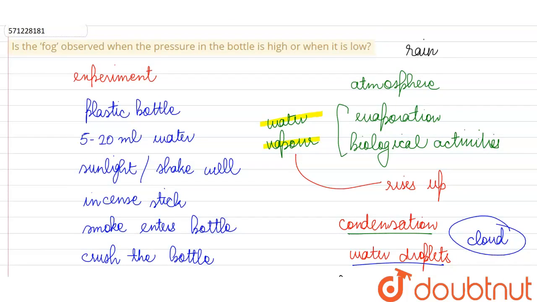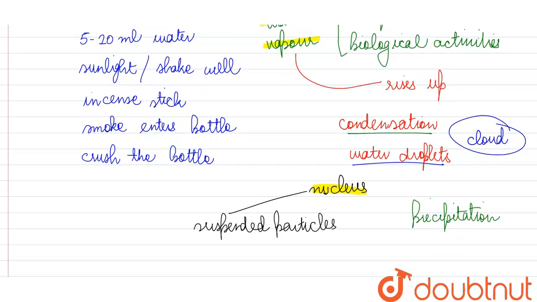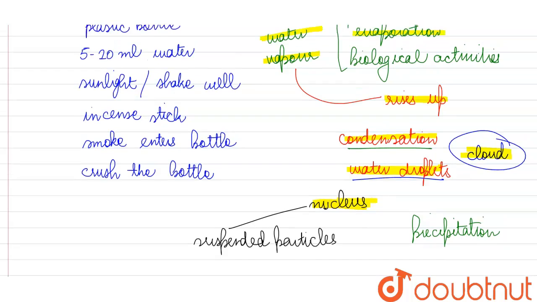A lot of water vapors enters our atmosphere due to evaporating water. When it enters the atmosphere, it rises up with the hot air, and once it rises up, due to cooling down, it condenses to form water droplets. Now when these water droplets have a nucleus around which they can form a big mass, they accumulate, they gather around this nucleus and they form a cloud.